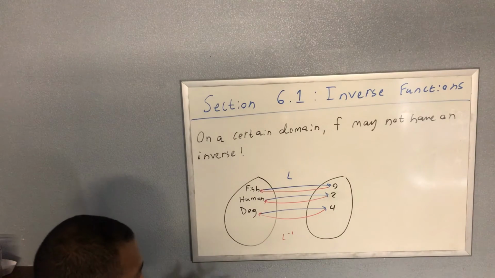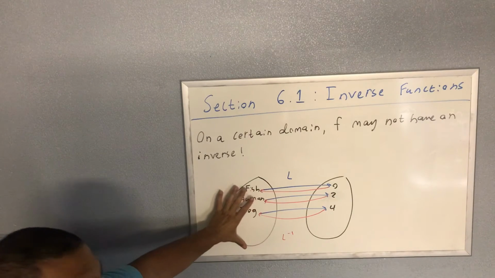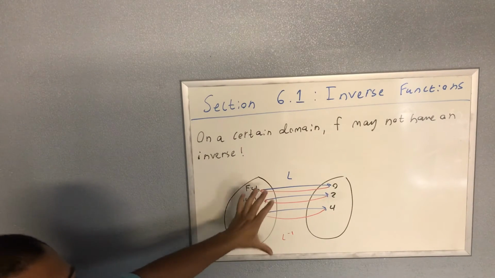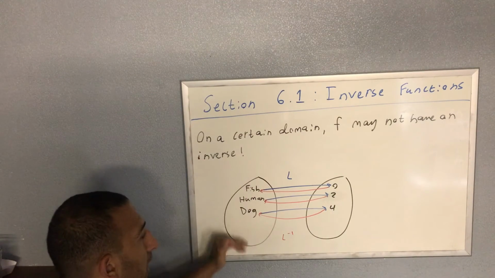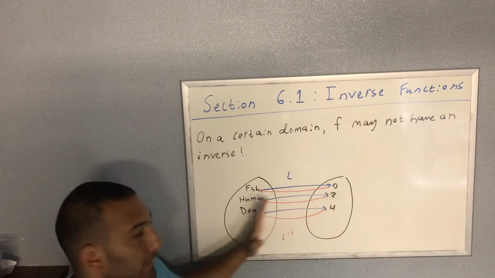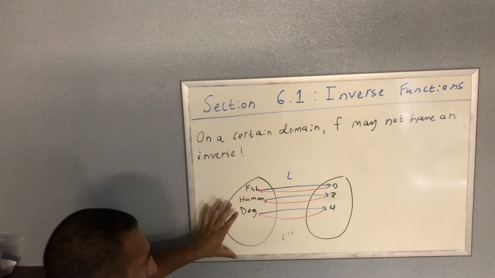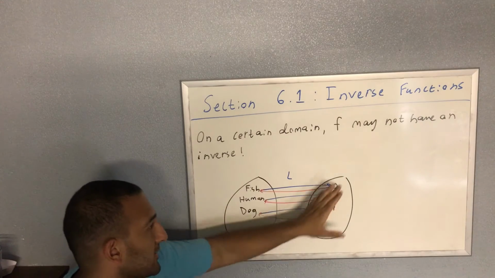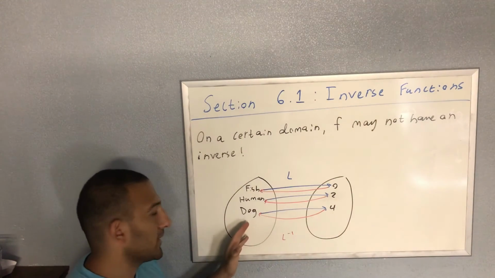Here, because of the domain that we've picked, we don't run into that issue. The answer is clear. Because the domain only has these 3 options, our answer always has a clear value. If I ask, of these 3 things, which animal has 0 legs, it's clearly a fish. Which one has 2? Human. Which one has 4? A dog.